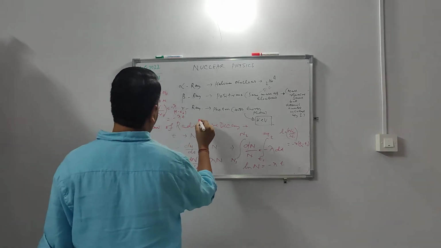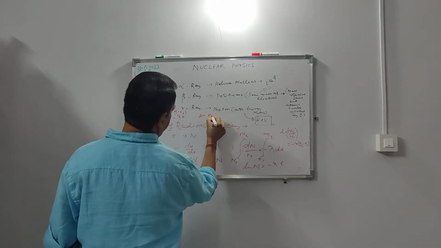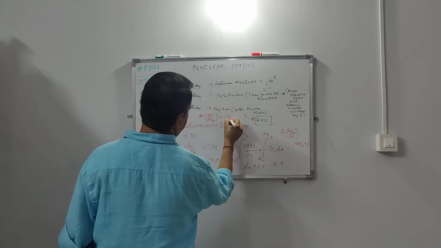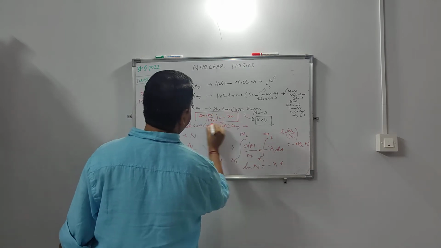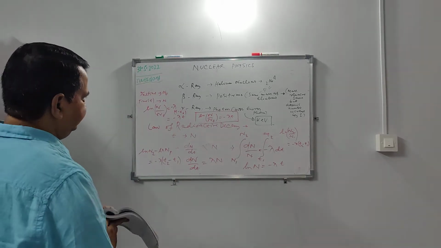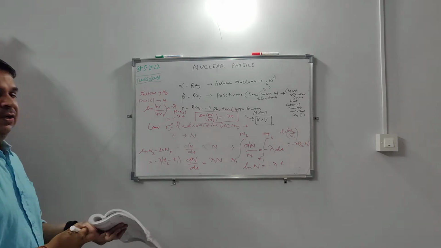So my ln N by N0 is equal to minus lambda t. This equation you have to remember.